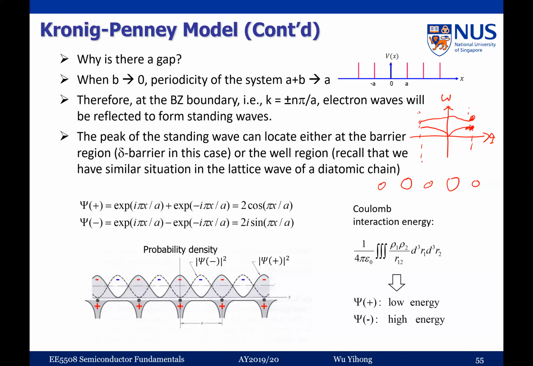That's because we found that here the heavy atom is oscillating but the light atom is stationary. Since the atom is heavy, the frequency is low. For this one, it's just opposite: the small atom is moving but the large atom is stationary. That's why I have a high frequency, right?